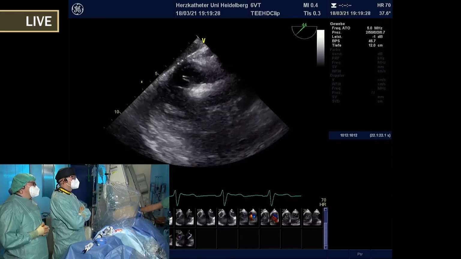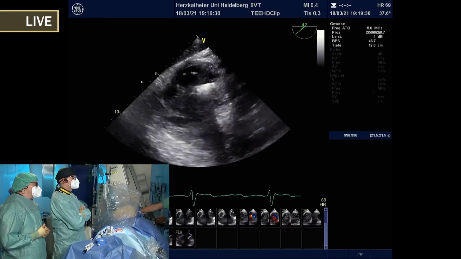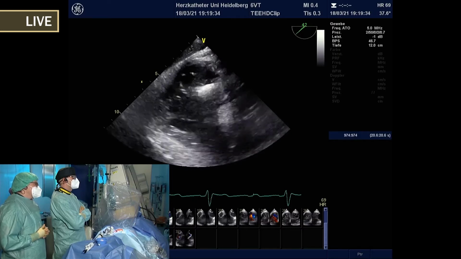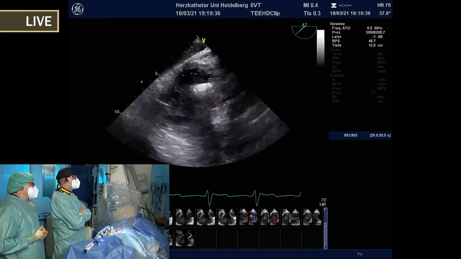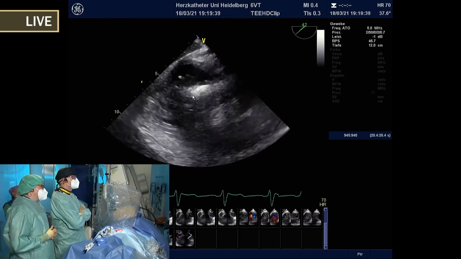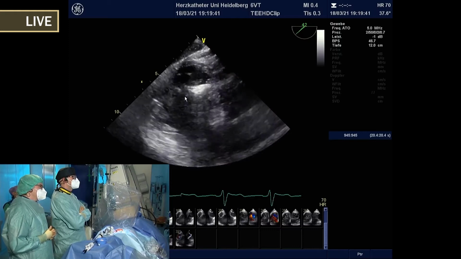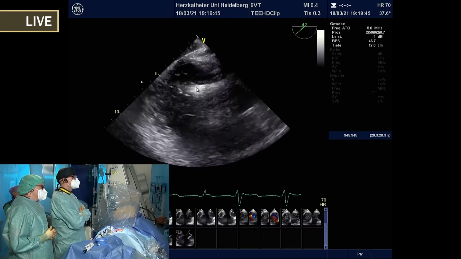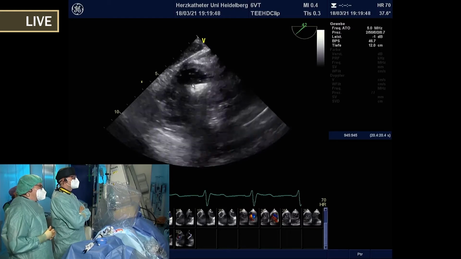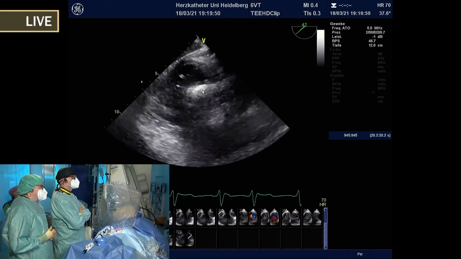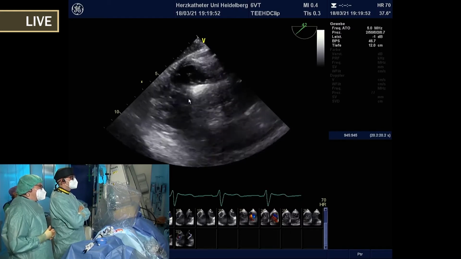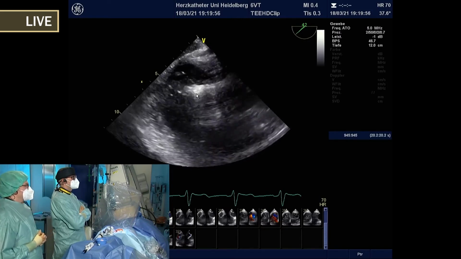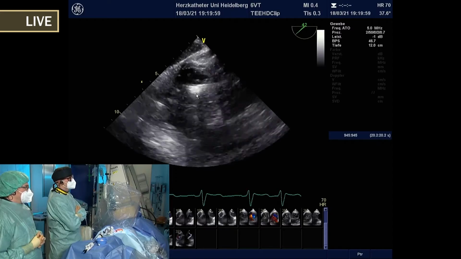It's not too easy to say, but, well, as you can see here, we got some part of the anterior leaflet on. However, it's just going here, as you can see, I try to show this, here into the device, and, well, one would like to have a little bit more of the leaflet in there, so maybe even have a little different clocking of the PASCAL device to achieve that.